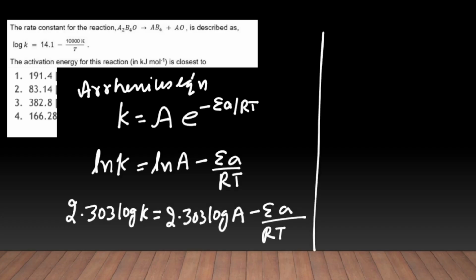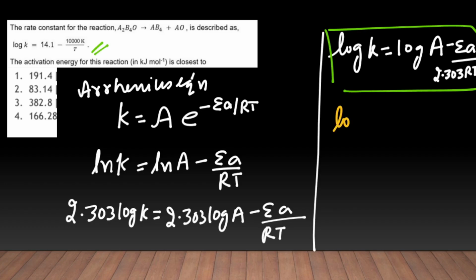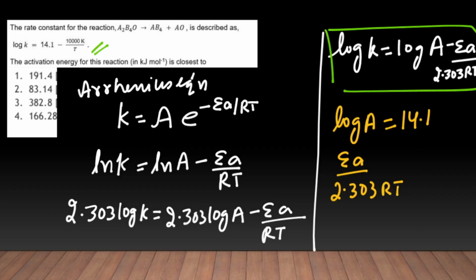Right? So now log of k we wanted. So log of k will be equal to log of A minus Ea upon 2.303 into RT. Now the given expression and this one we can compare. So from here on comparing we get that log of A value is equal to 14.1 and the Ea upon 2.303 RT value is equal to 10,000 upon T, right?